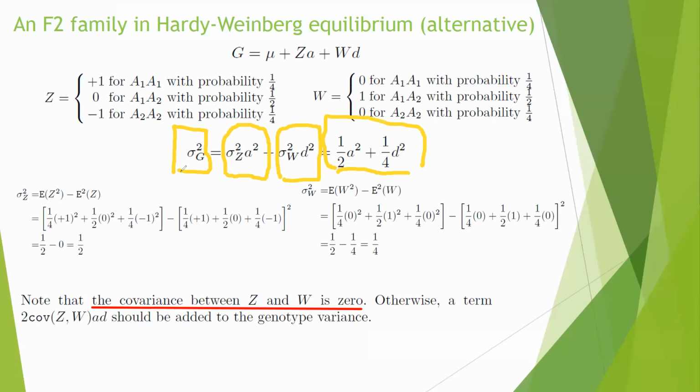In an F2 population, the variance of the phenotype equals 1/2 multiplied by the additive effect squared plus 1/4 the dominance effect squared. Okay, and this is how we prove this.